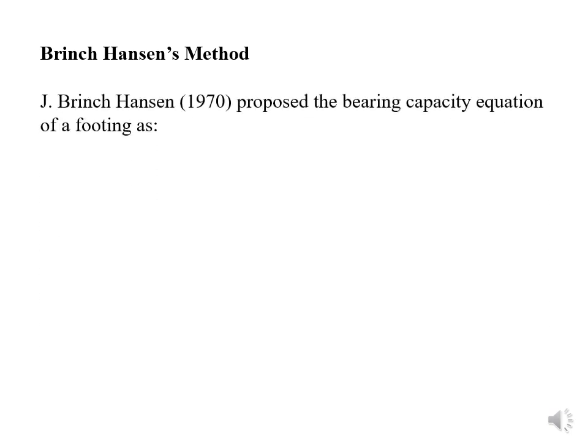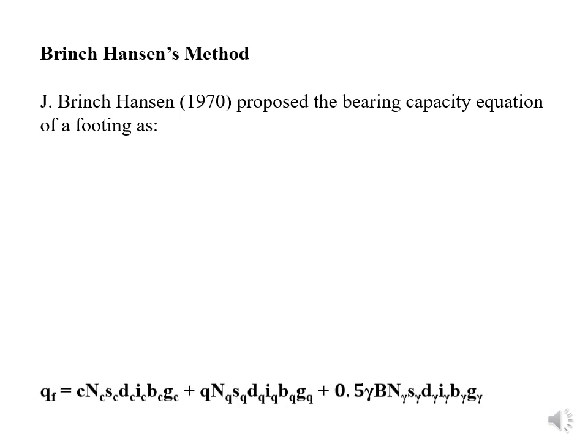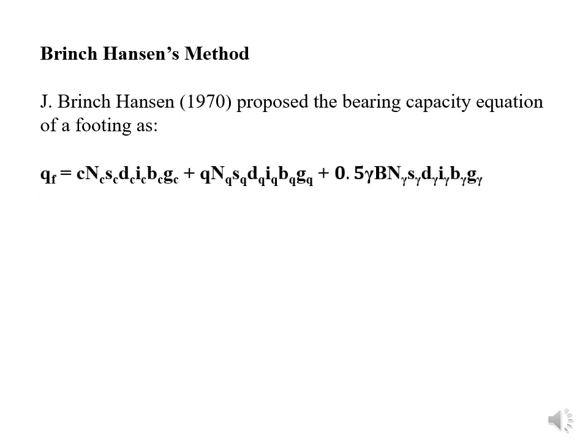You can see in case of Brinch-Hansen method, the new terminology is used, that is BC, GC, BQ, GQ, B gamma, G gamma. What does it mean? The Brinch-Hansen considered two additional parameters in these equations.